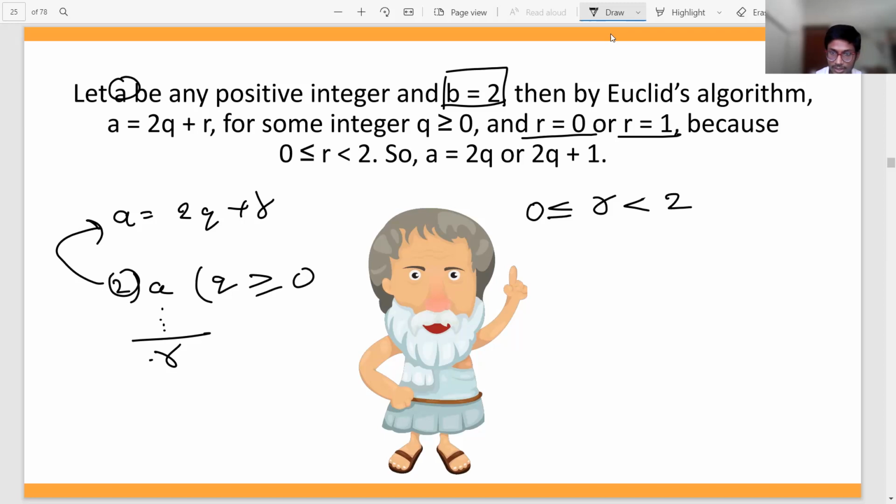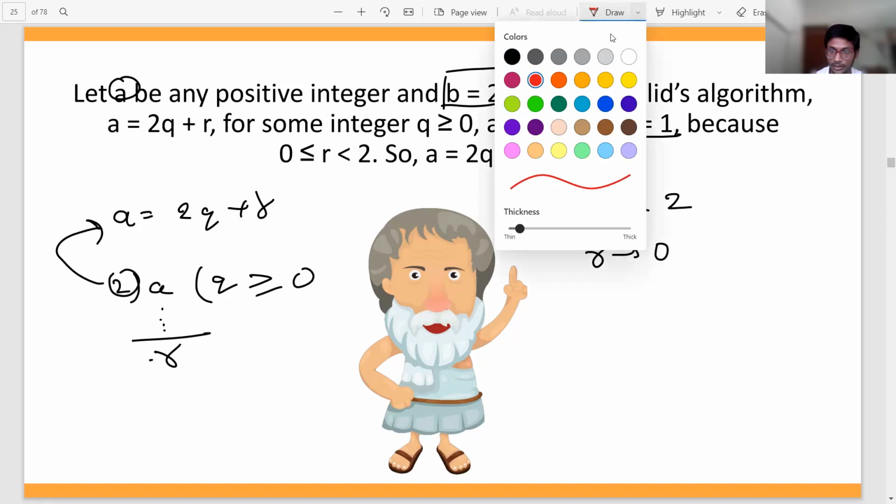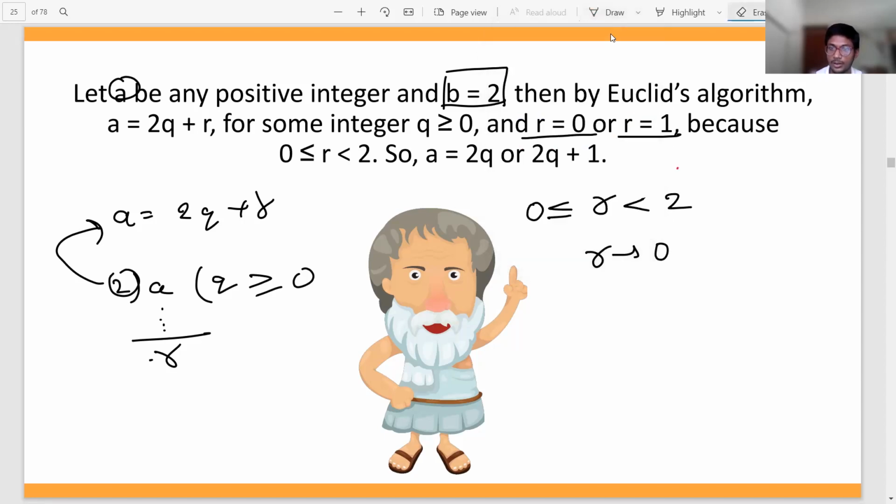So what are the values r can take? r can be equal to 0. r can be equal to 1, since it lies between 0 and 2. Can it be equal to 2?